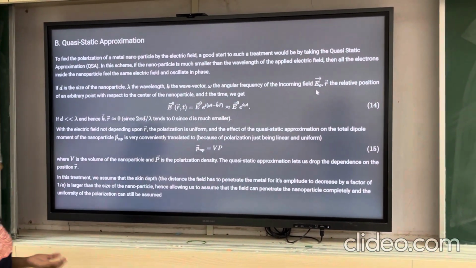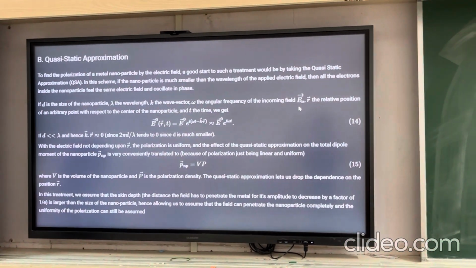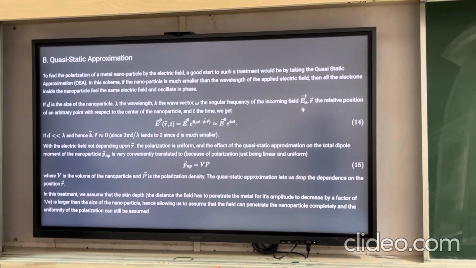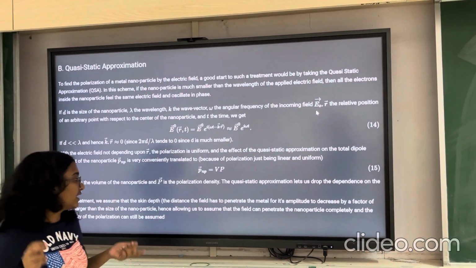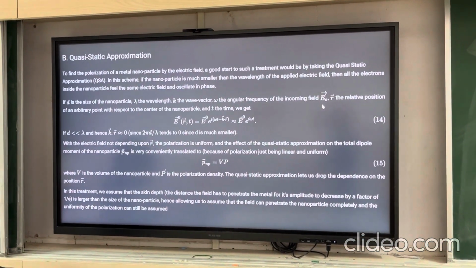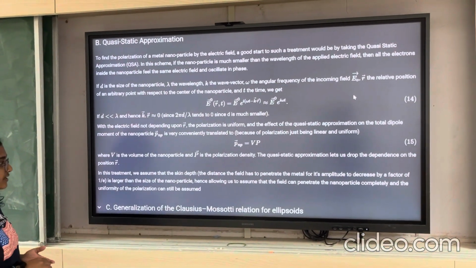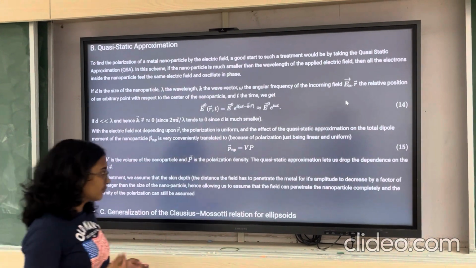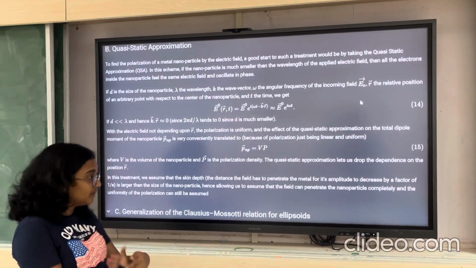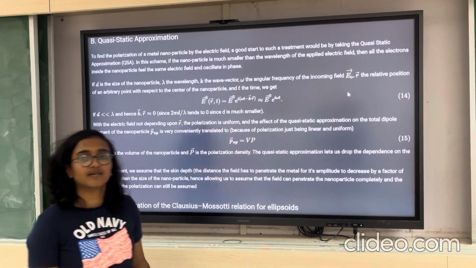So the quasi-static approximation lets us drop the dependence on the position r, and in this treatment we assume that the skin depth, that is the distance the field has to penetrate the metal for its amplitude to decrease by a factor of 1 by e, is larger than the size of the nanoparticle, hence allowing us to assume that the field can penetrate the nanoparticle completely and the uniformity of the polarization can still be assumed.